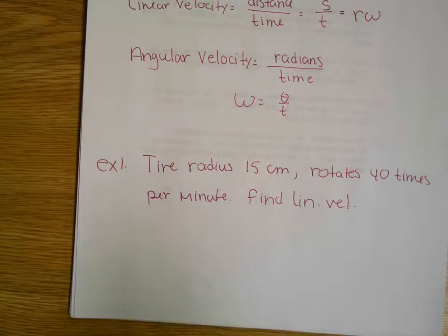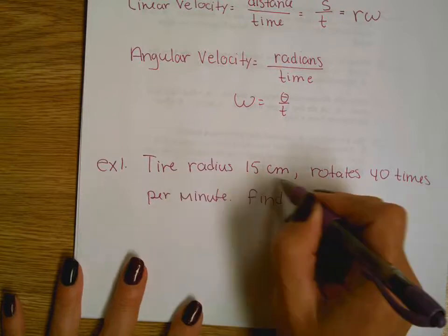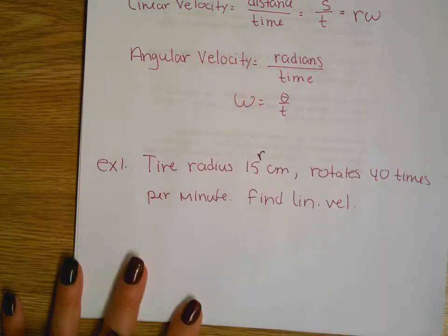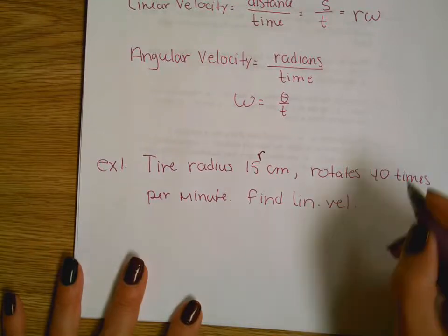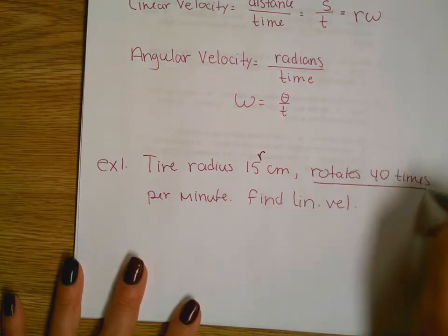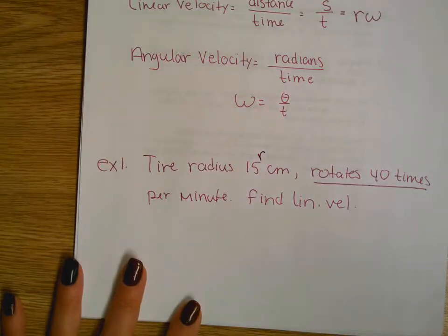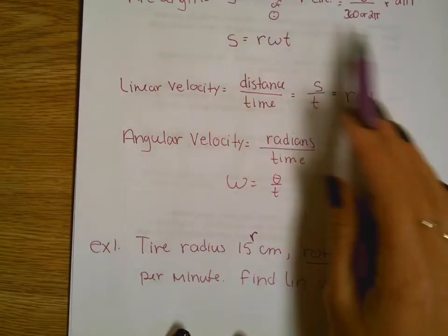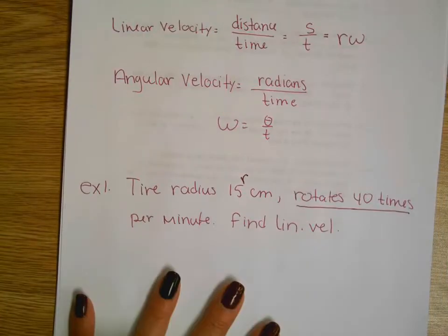Now it's all about going back in and grabbing each piece of information and saying what it's telling us. Radius and time are usually our easiest ones. So obviously radius, we got 15 centimeters. So there's our r value. This rotating 40 times, making 40 complete revolutions per 1 minute. I don't have anything up here that's rotations, but it's very close to something.